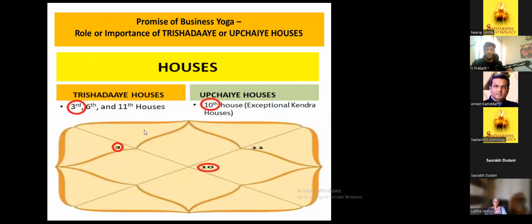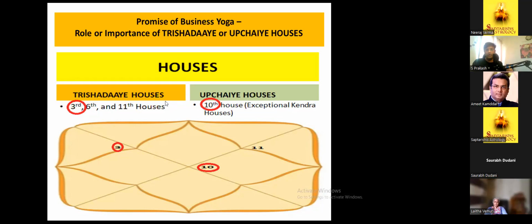So now I have bifurcated the houses. In Shaddai houses, we have the 3rd, 6th, and 11th. And in Upachaya houses, we have the 10th house.